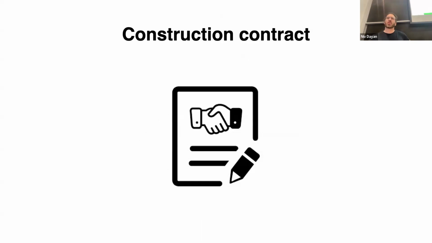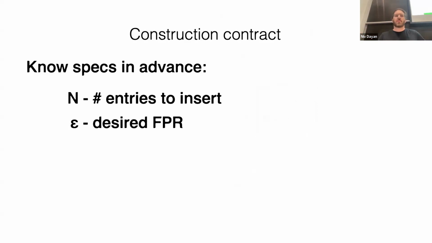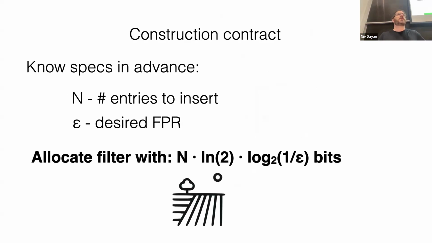Here is the construction contract for a filter. We're still doing background. To construct a Bloom filter, and in fact any kind of static filter at least, you want to know the number of entries that you wish to insert in advance. And you want to know the false positive rate that you wish to guarantee to the user. You then allocate a filter with this number of bits.